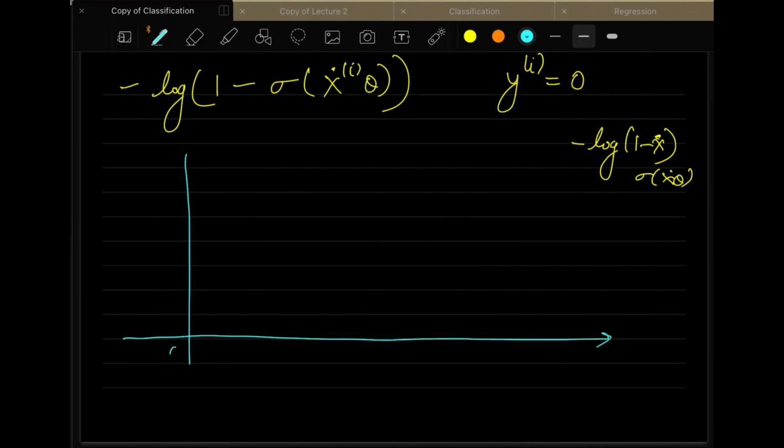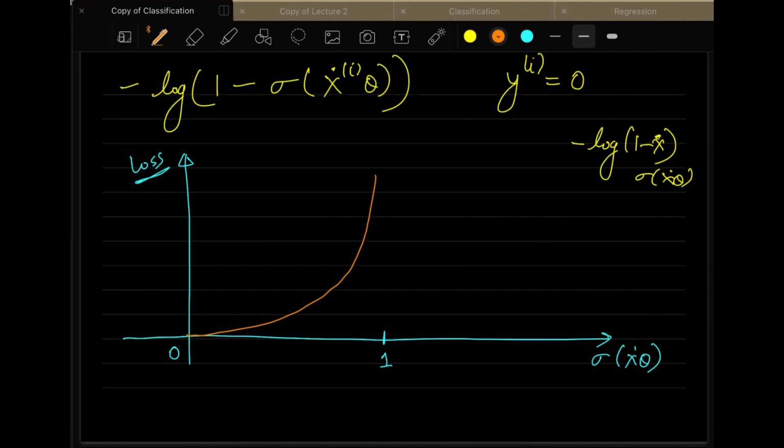Again, you will be ranging from 0 to 1. This is your sigma of x dot theta, and this is your loss function. Now if you plot minus log of 1 minus sigma of x dot theta, it will look like this.